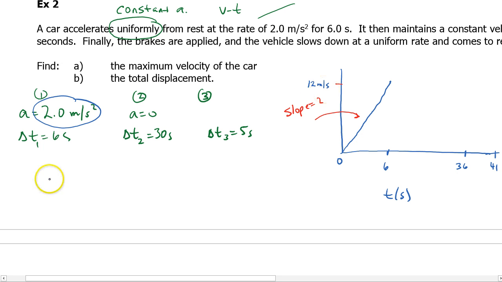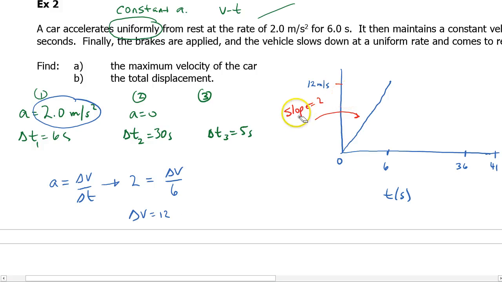Or we could even say, A is equal to delta V over delta T. We could think about it like that. We could say, therefore, 2 is equal to how much the velocity changes by, and there is 6 seconds going by. So solving for delta V gives 12. So in other words, if we started at 0, we must have got up to 12. Okay, so we got up to 12 here.